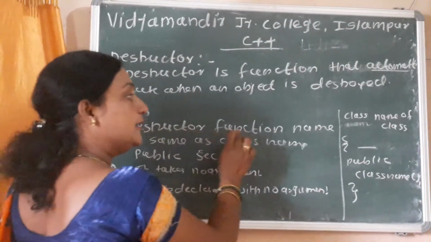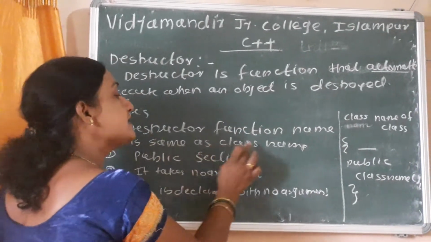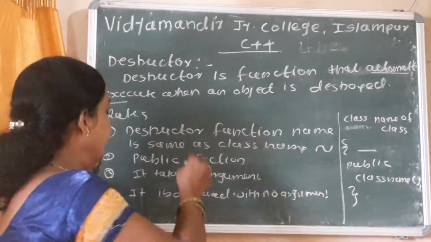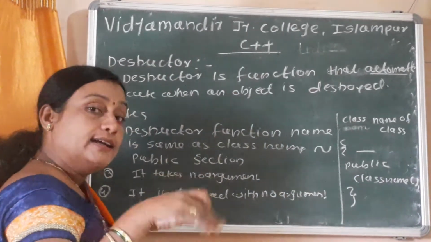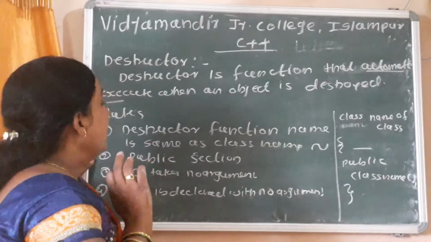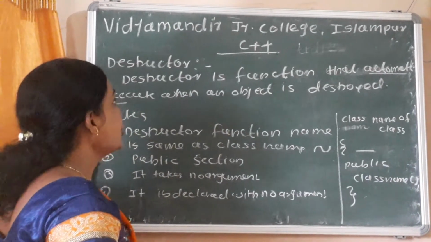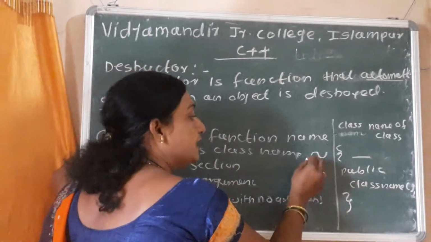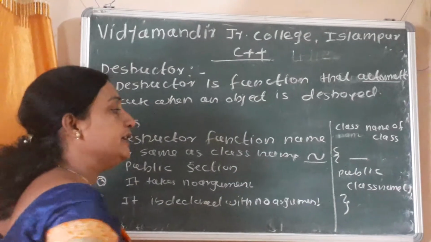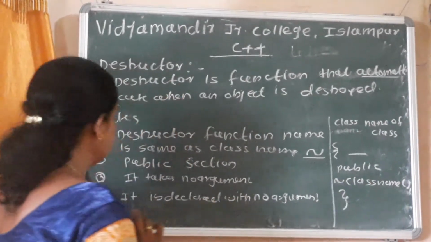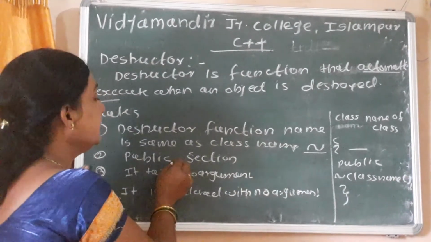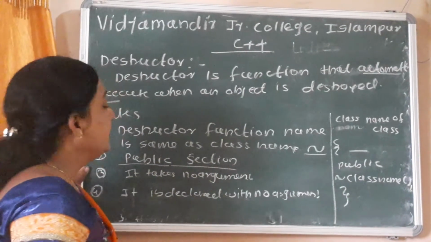First rule, the destructor function name is the same as the class name, but it starts with a tilde. That is, the destructor and constructor names are the same as the class name, but slightly different: the destructor starts with the tilde symbol, and after that we give the name of the class. Second rule, the destructor must be declared in the public section.